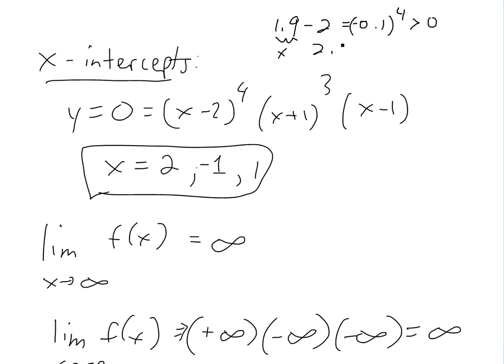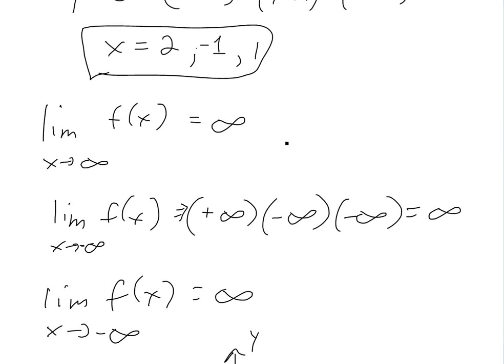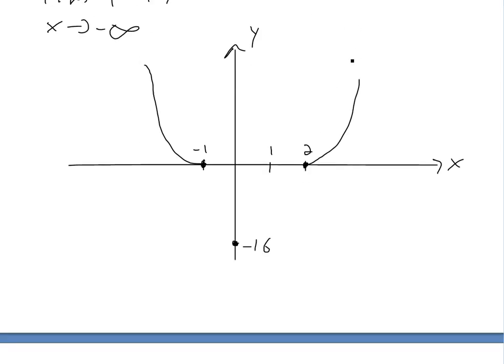And if you had 2.1 minus 2, this is 0.1, also greater than 0. So what I'm saying is that this never crosses the x-axis at this intercept, so we don't go down here. Because close to it, it's still going to be positive.